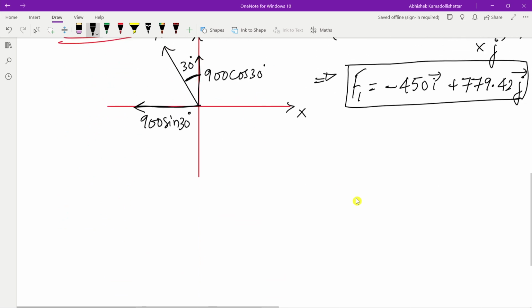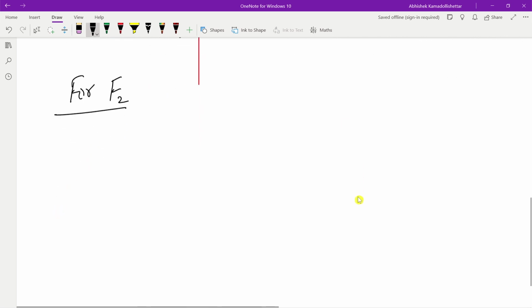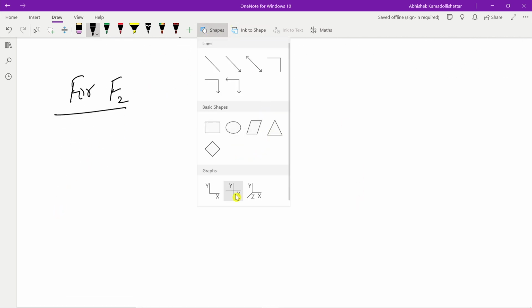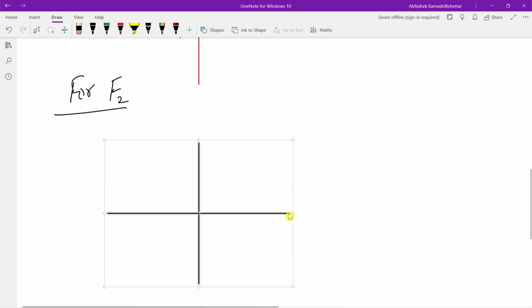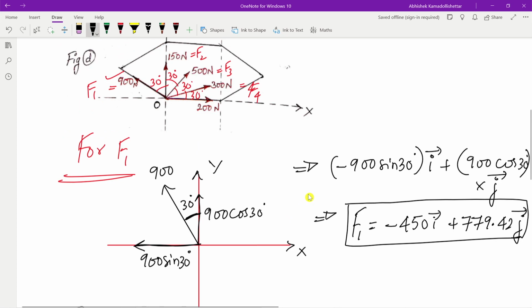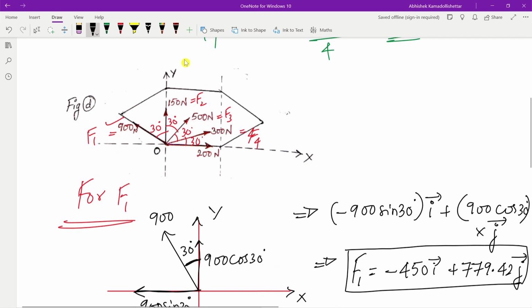Similarly we have to do it for force F2. Again the same thing, consider the xy plane. The force F2 of 150 newtons is directly along the y-axis.